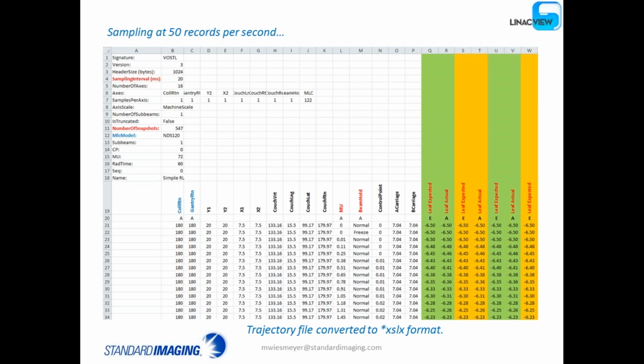With a program like LinacView, what you're actually doing is saying, my RT plan said I should do this, and did my actual leaf, for instance, go to where it was supposed to be on a control point by control point basis?